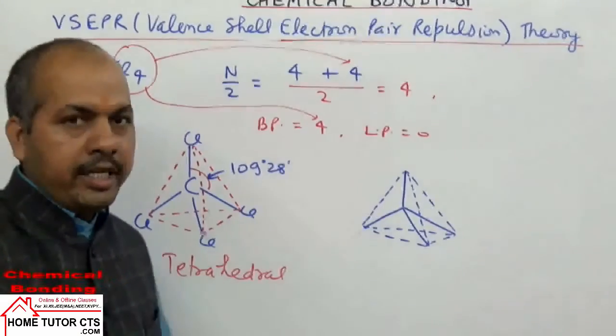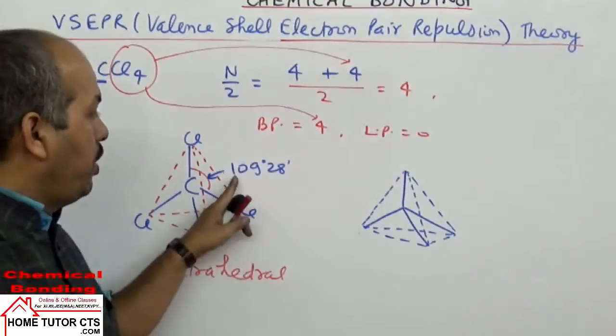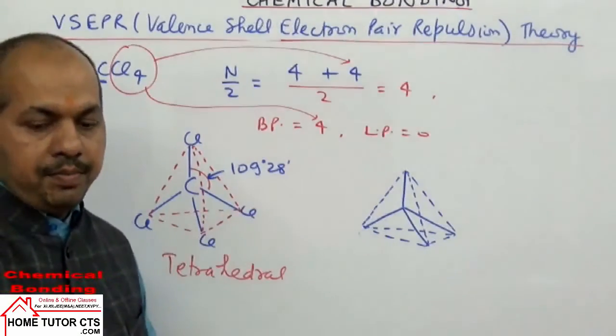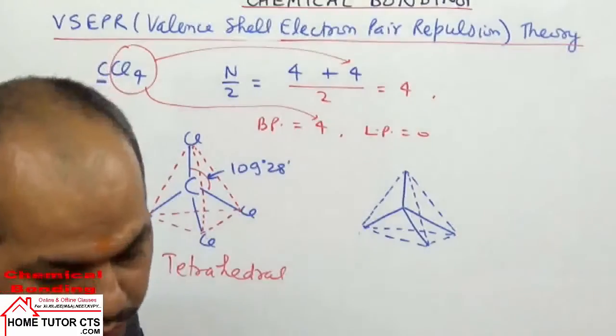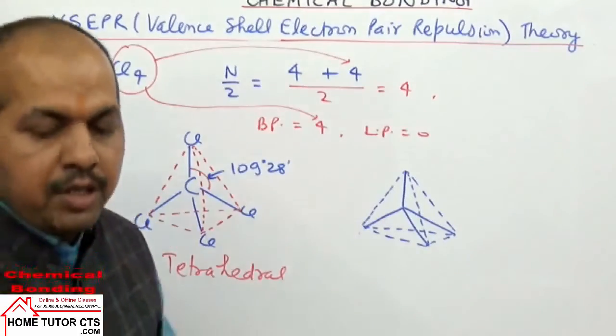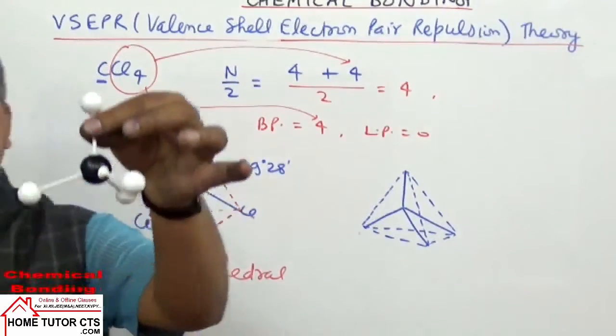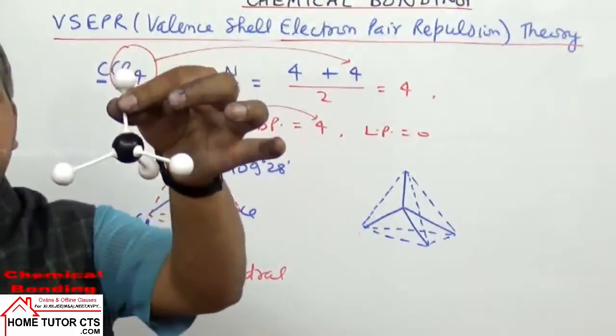All the angles are identical, equal to 109 degree 28 minutes. If I show this diagram to you in the actual shape, this can be taken as the arrangement for the tetrahedral shape.